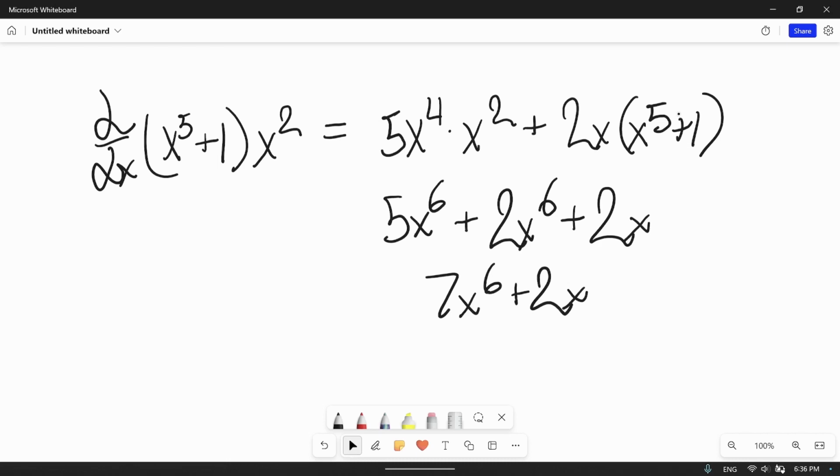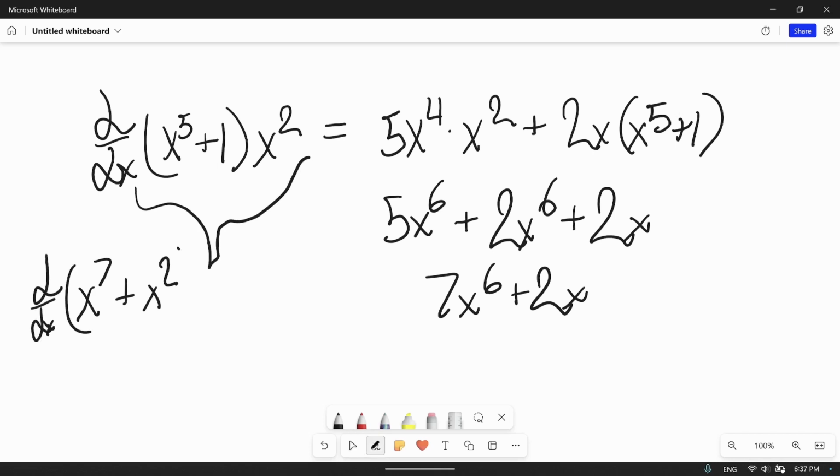And so the thing is, you can also just multiply these together to give you x to the 7 plus x squared. And then you can take the derivative of them separately, because that's another rule of the derivative.